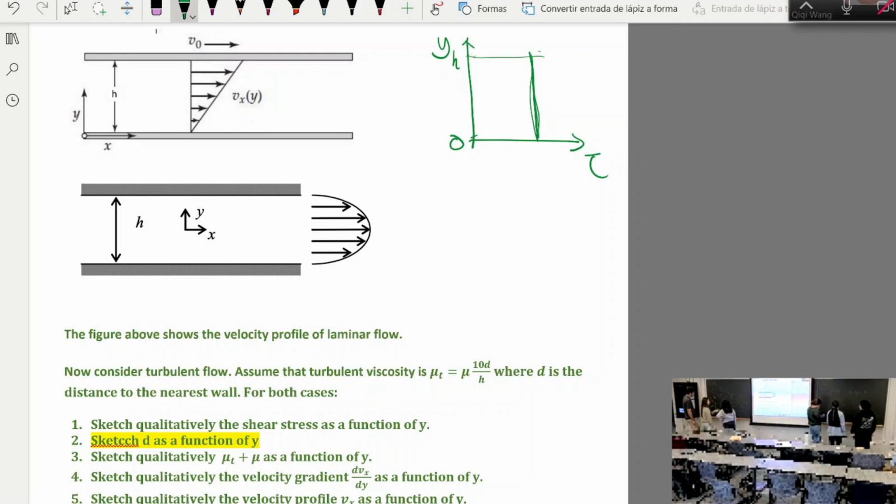If you write it down, tau is equal to mu plus mu_t, which is plotted here, times dv/dy, right? So you have a plot for this, you know this is constant. This is not. So can you try to plot this? Of course, the gradient is not constant. What shape multiplied by this would get you a constant?